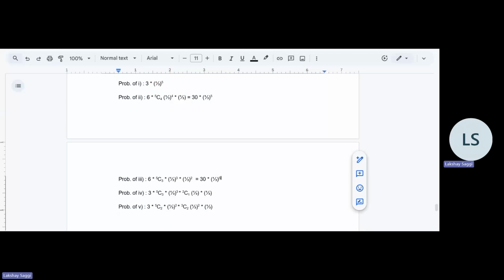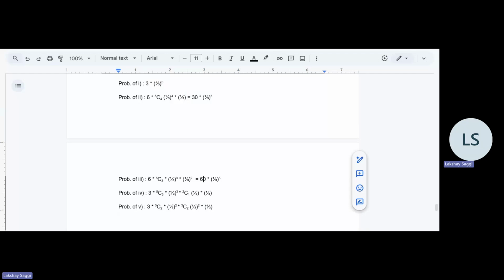This term has 5 choose 2, which is 5 times 4 divided by 2, which is 10. So 10 times 6 is 60.